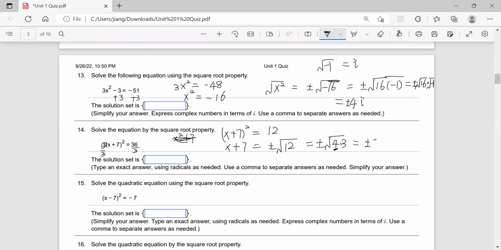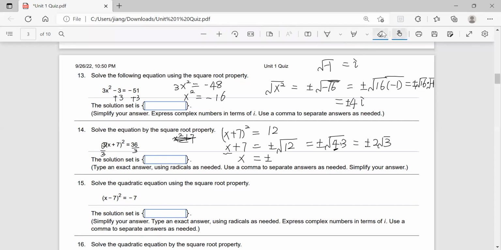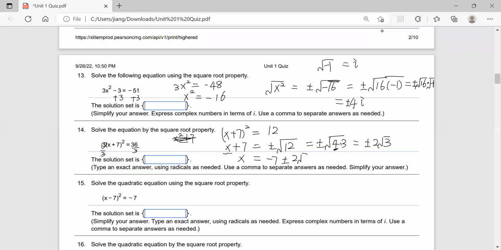This is positive or negative 2 square root 3. Then I'm solving for x. That means subtract the 7 from both sides. So x equals negative 7 plus or minus 2 square root 3.